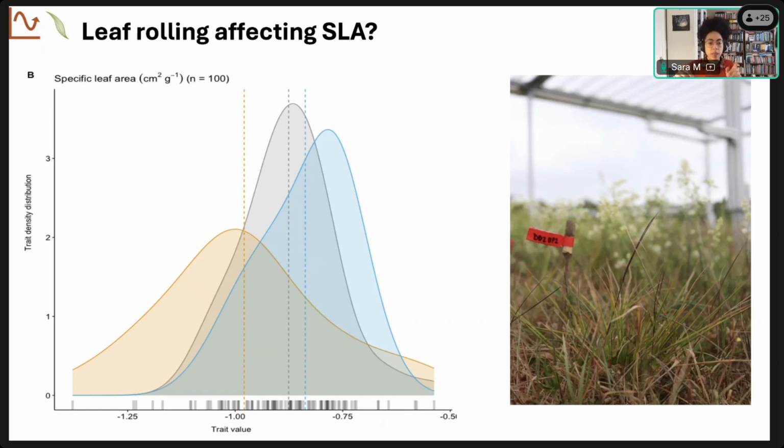I saw a lot of leaf rolling in the drought plots. You can see in this image here where the leaves go inwards to reduce the water loss, basically. And it can be harder to tape it down when you take the measurement for leaf area.